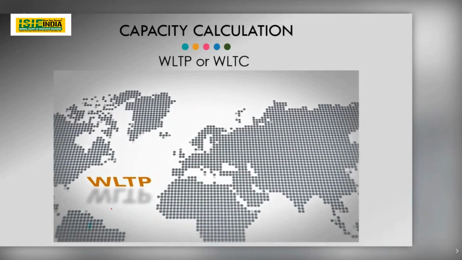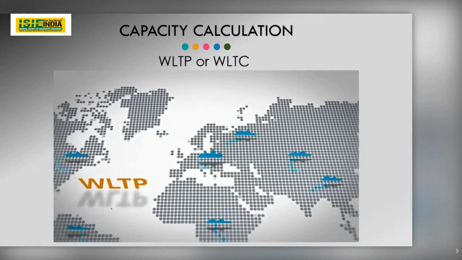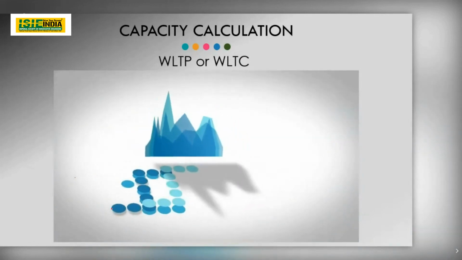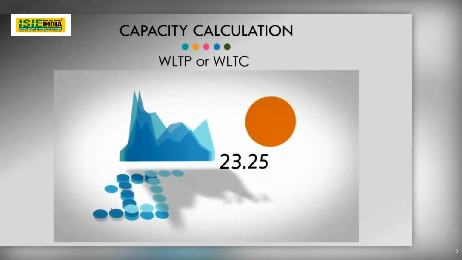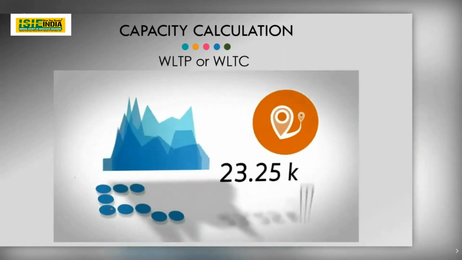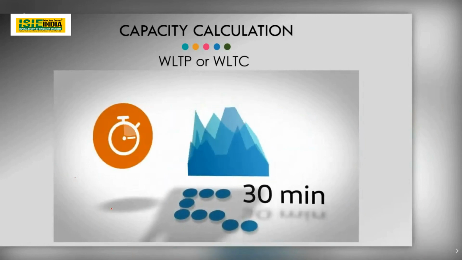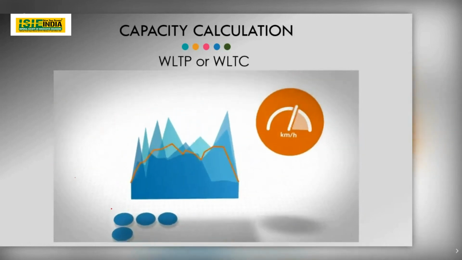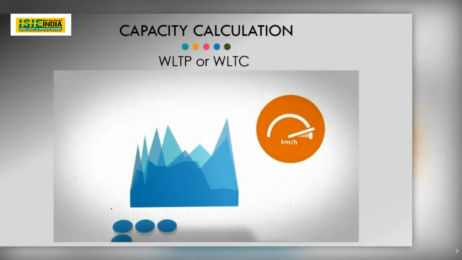For the WLTP, driving data and statistical surveys from around the world were gathered. Based on this data, the WLTP has redefined specific parameters. Most importantly, the distance to be driven and the duration of the test. The speed profile is also new, both in terms of average and maximum speeds.